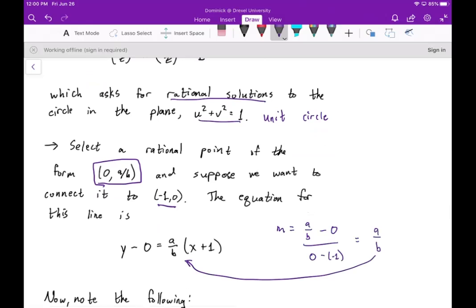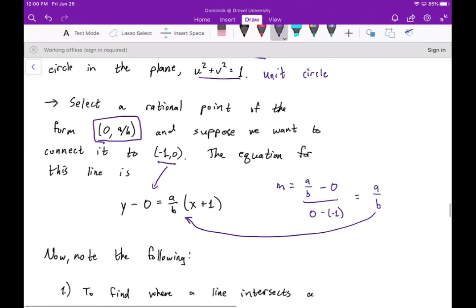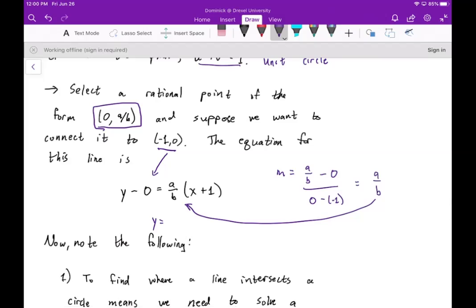So that's where your slope is coming from here. Now, if we plug in our coordinate that we want to connect it to, right, if we plug in negative 1, comma 0, then we get the equation is now y is equal to a over b times (x plus 1), right, once you drop the 0, of course.